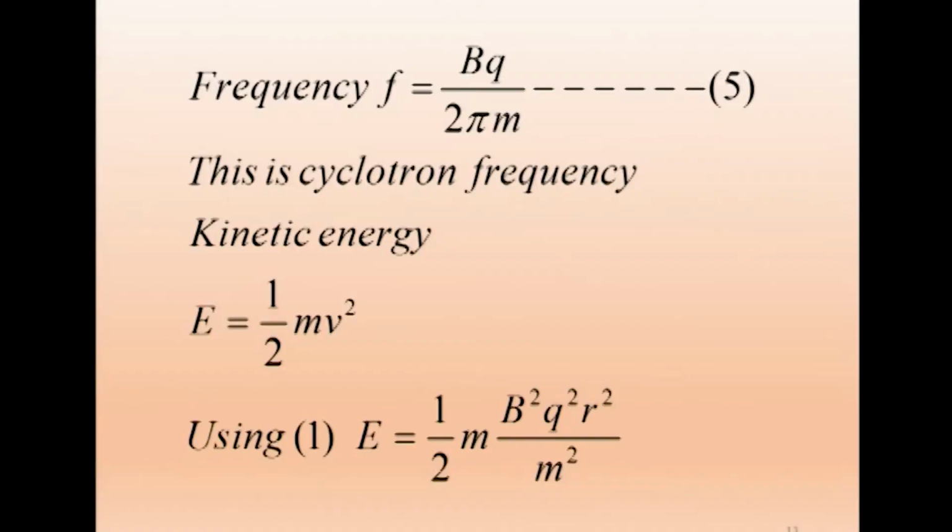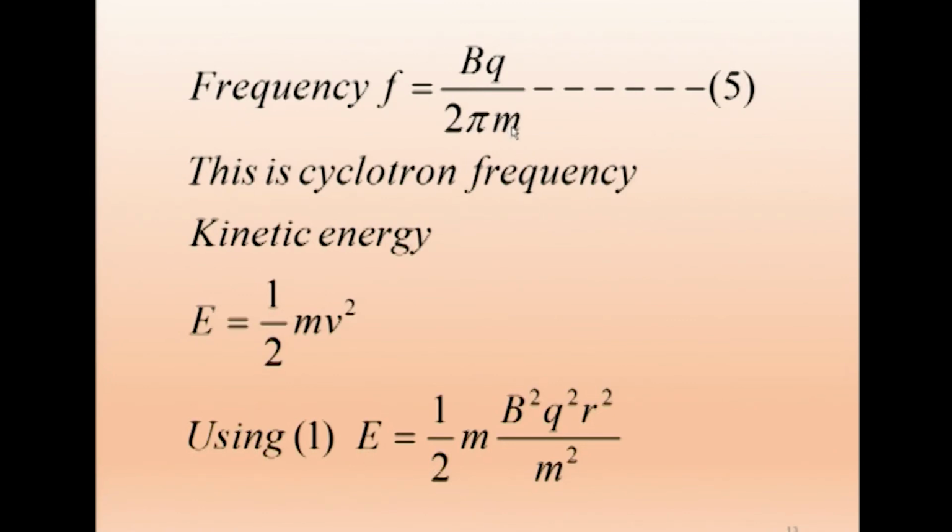So when the particle is acquiring energy and going closer to the velocity of light, then mass will increase. When the mass increases, the frequency condition will get altered. Why does it get altered? We will just see this expression. Frequency f is equal to Bq by m. Here it is assumed that mass is constant.